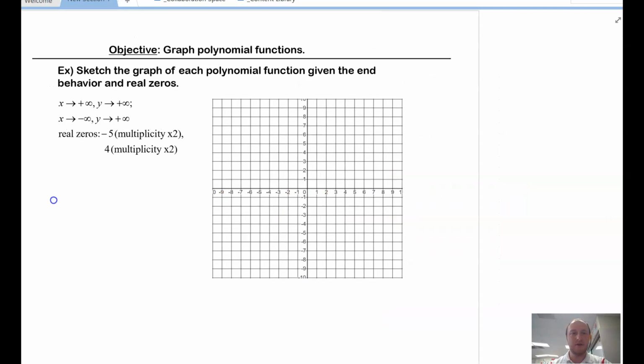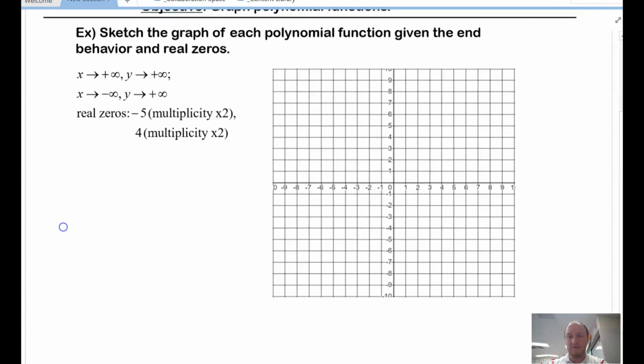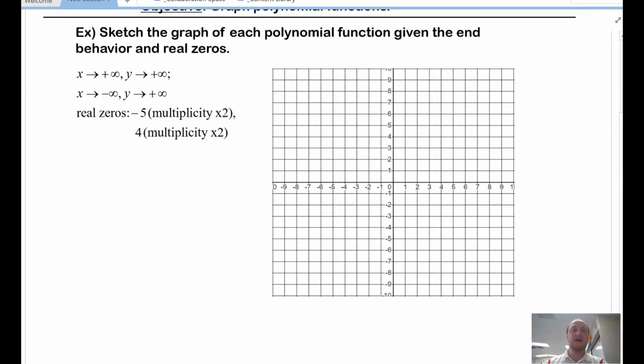Okay, last example here. We are told that we have double multiplicity at -5 and at 4. So at -5, this is multiplicity, and at 4, we have multiplicity. Now our end behavior: as x goes to positive infinity, my function is going towards positive infinity. As x goes to negative infinity, my y values are also going to positive infinity. So both of my end behaviors are going up, like this.